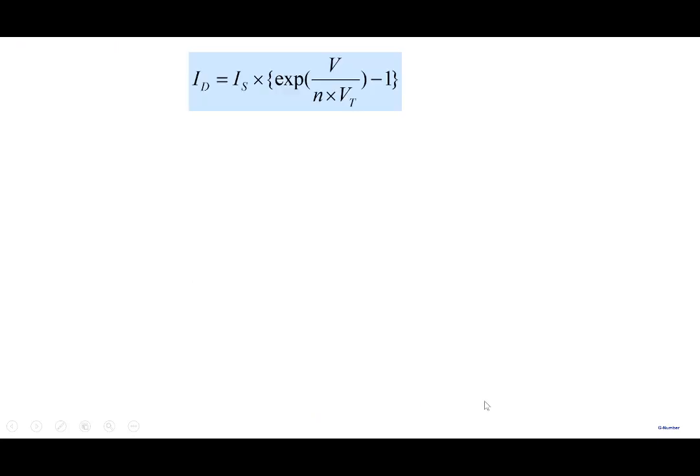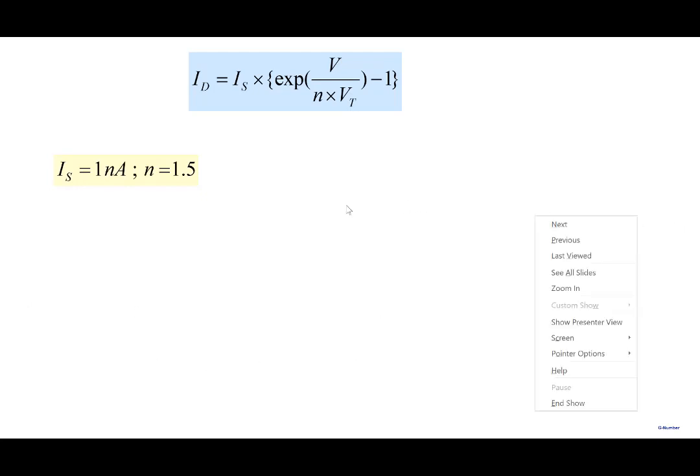So a more accurate typical value to keep in mind: when somebody asks you what is the typical value of I_s, instead of saying 10 microamperes, a better number, based on the measurements you would do, is I_s equal to 1 nanoampere, n equal to 1.5.